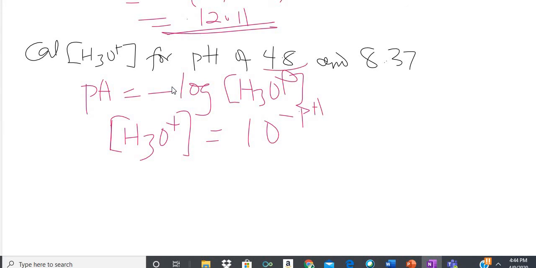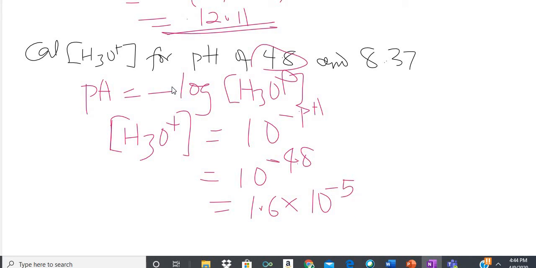So when our pH is 4.8, our hydrogen ion concentration is going to be 10 to negative 4.8, and that is going to give us, when we plug that into the calculator, 1.6 times 10 to negative 5 molar.